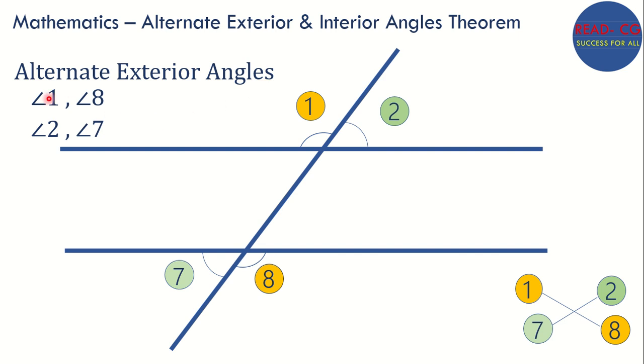Now here alternate exterior angles. Here angle 1 and angle 2, these two angles known as exterior angles. Similarly, angle 7 and angle 8, these two angles known as exterior angles.